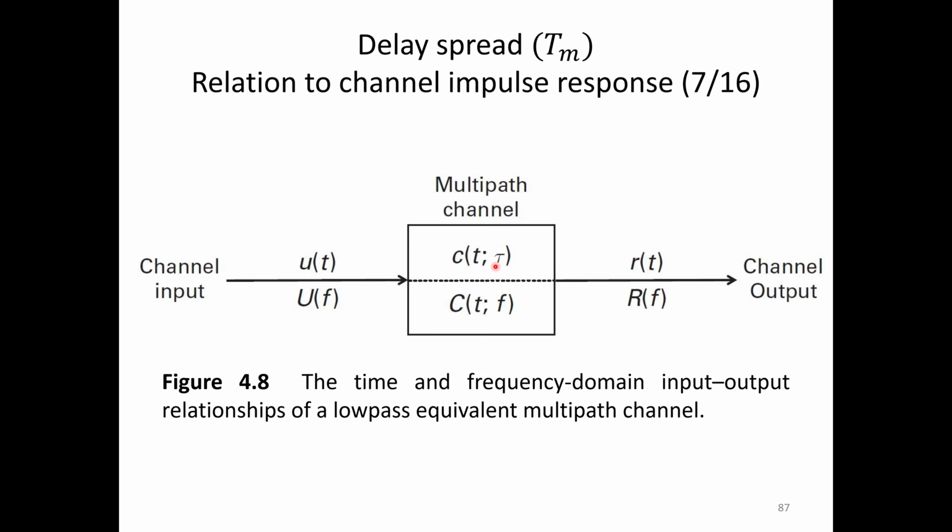Let us review it. In figure 4.8, we can see that U of F is the channel input in the frequency domain, and R of F is the channel output in the frequency domain, and C of TF is the frequency response of the multipath channel, or you can say the transfer function of the multipath channel.